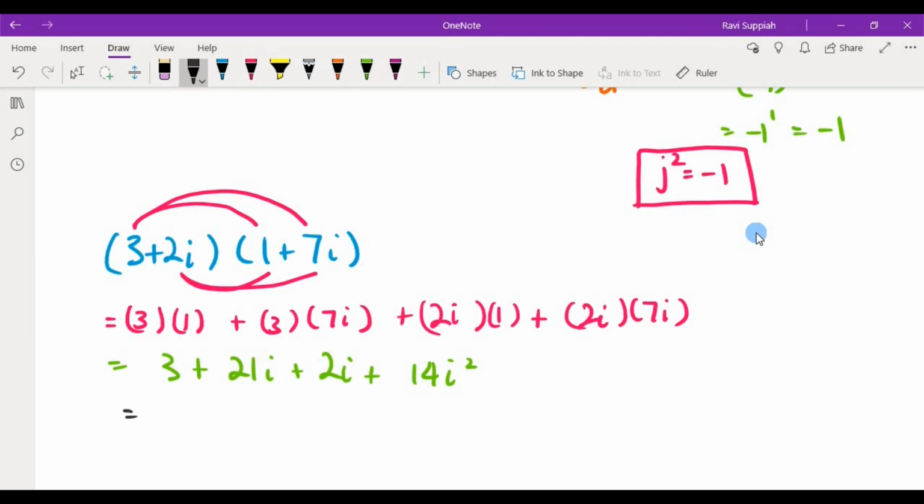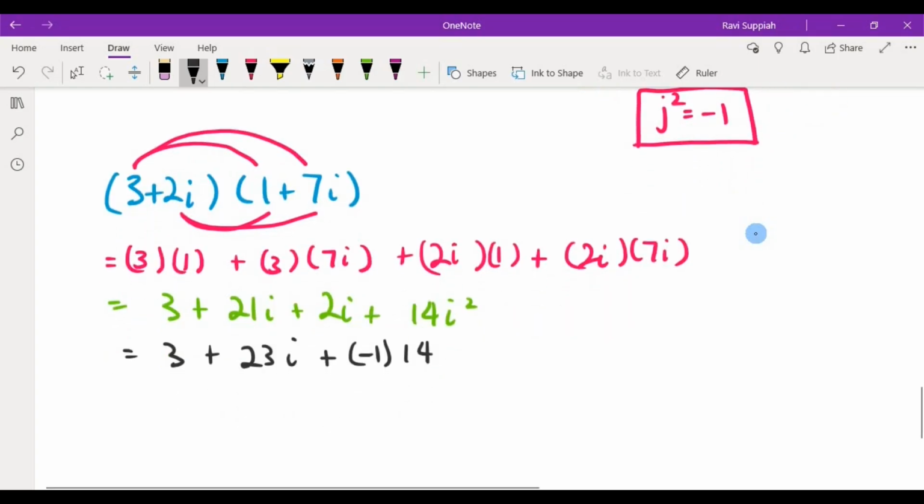Okay, and then 3 plus... so these i terms are both imaginary numbers, so they can be combined together. And i squared, we just saw, is minus 1, so if you want to be very sure you don't make any mistakes with the plus and minus, you can put the minus 1 first in a bracket, and then open up the bracket. Why I say this is a good approach is because if this sign was a negative, then again things would change.